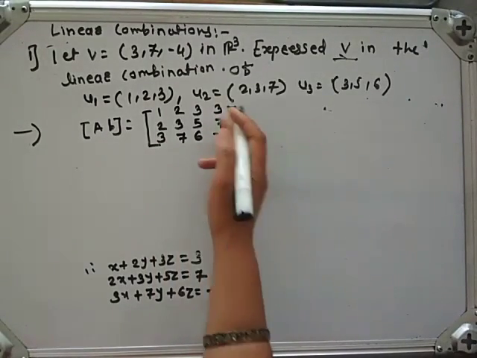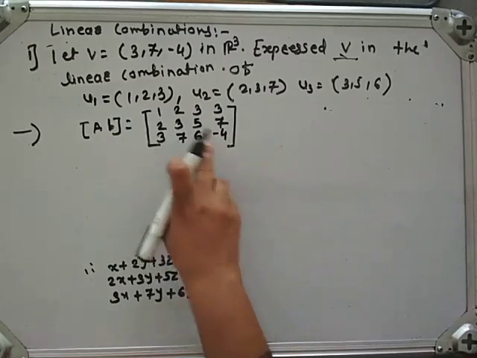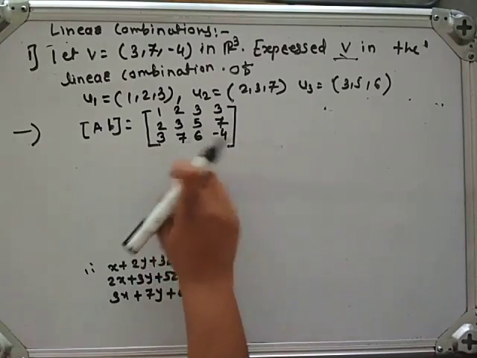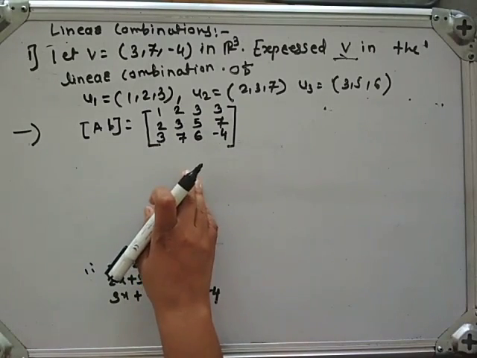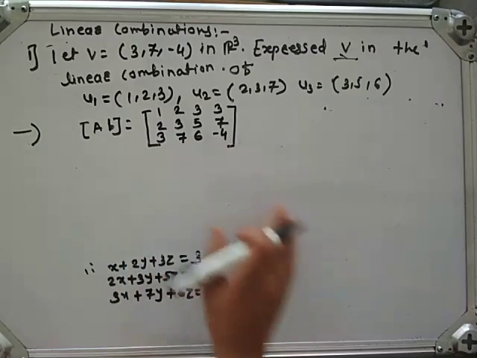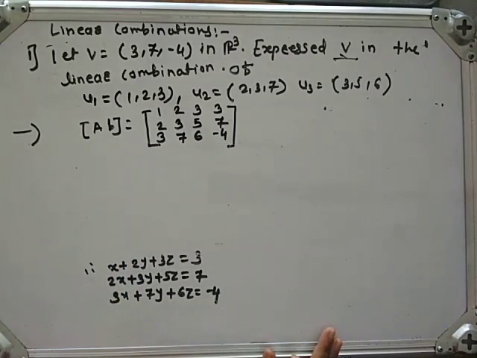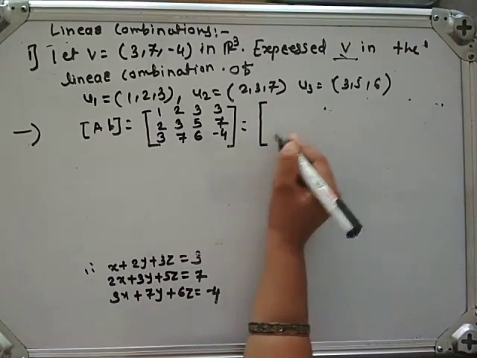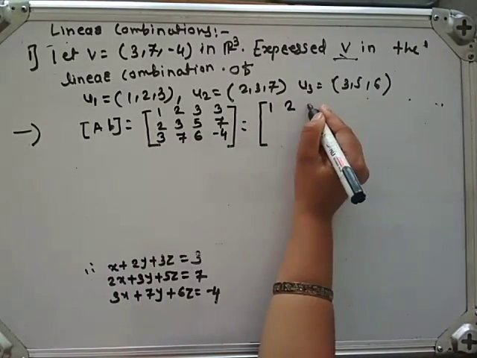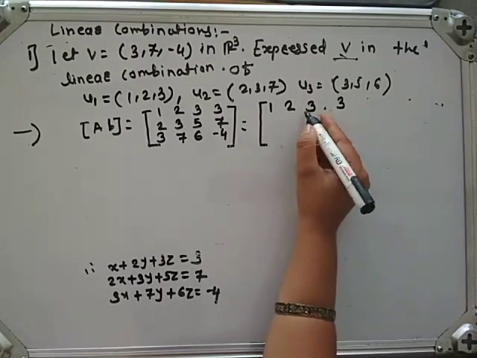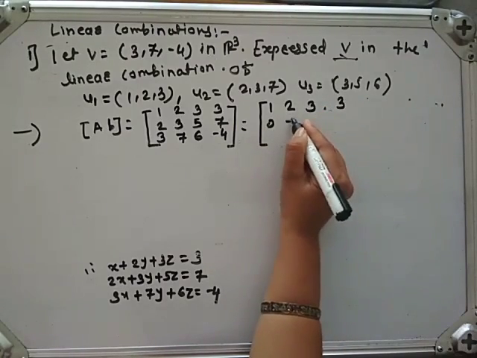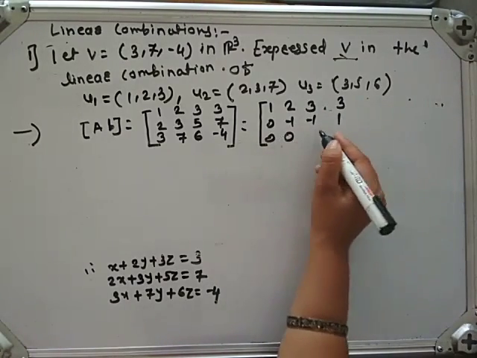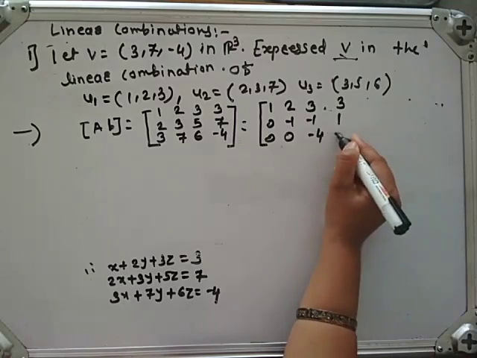Okay, we have to reduce this matrix to row echelon form. Its row echelon form is 1, 2, 3, 3; 0, minus 1, minus 1, 1; 0, 0, minus 4, minus 12.